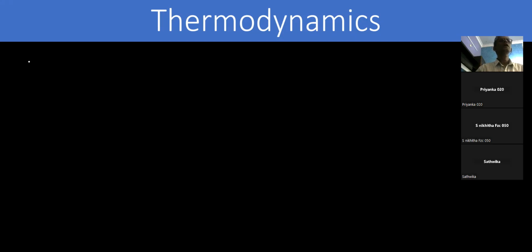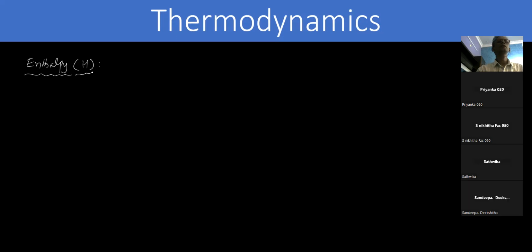First one is enthalpy. Already we have discussed internal energy in the previous class. Internal energy is denoted with E, but enthalpy is represented with H. What is enthalpy first?